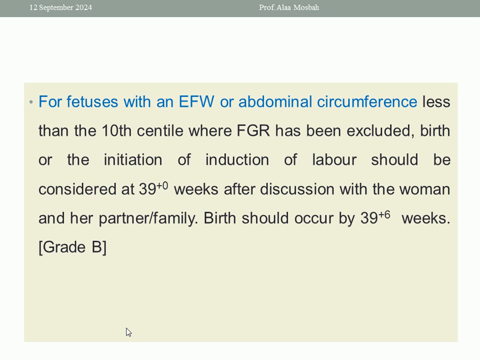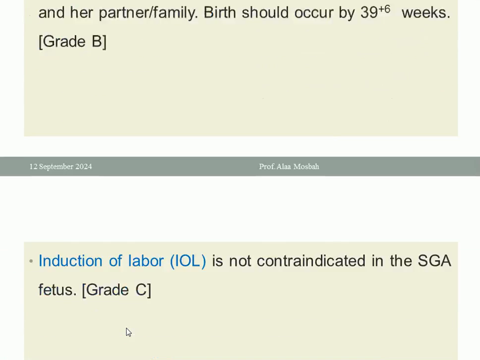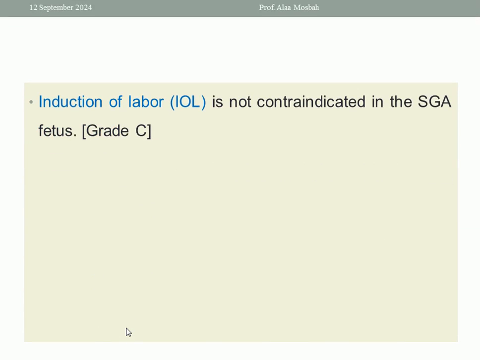Birth should occur by 39 weeks plus 6 days gestational age. No more than that, okay? Induction of labor is not contraindicated in the small for gestational age fetus.